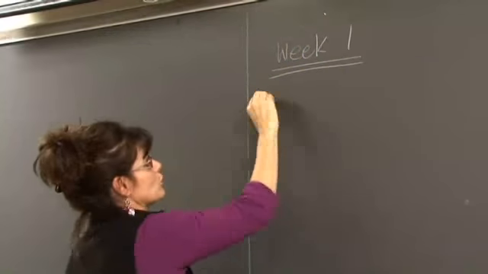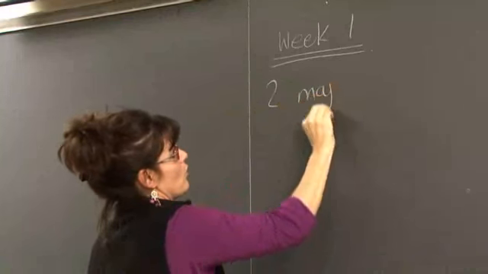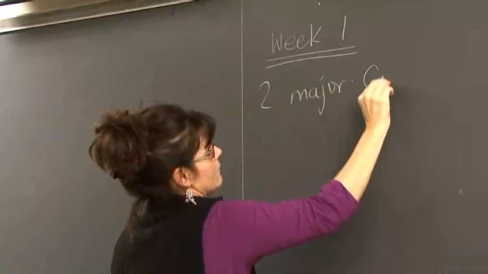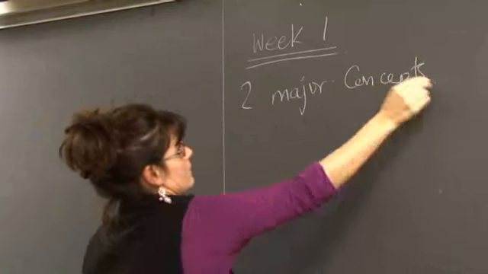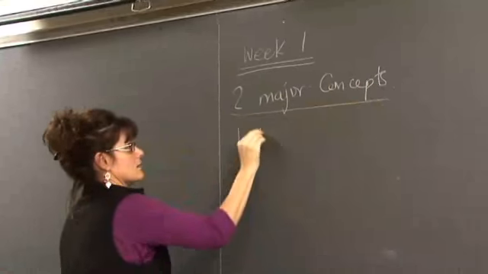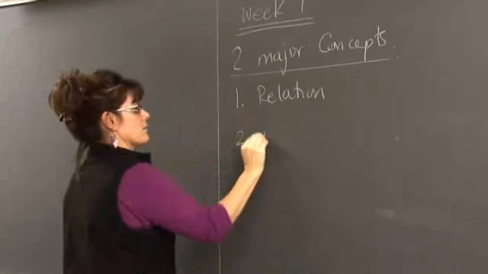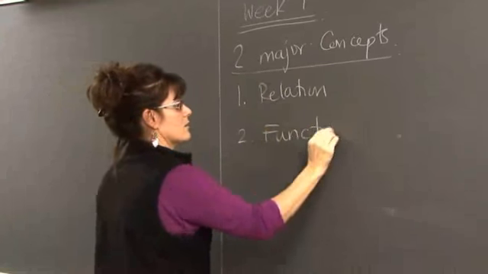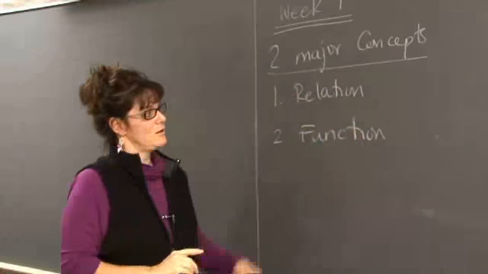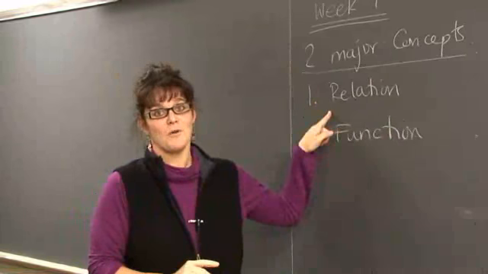All right, so Week 1, we're going to introduce the two major concepts for the whole Course 1. There's the concept of a relation and the concept of a function. Now it turns out 2 is actually a special case of number 1.